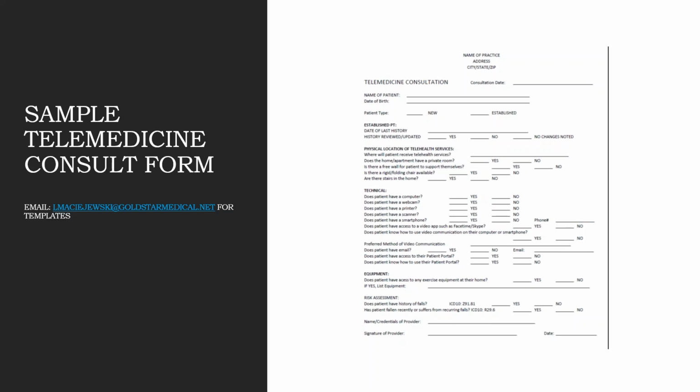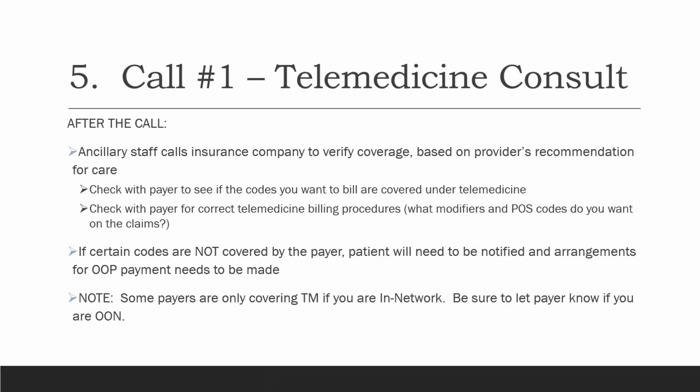That's listed at the end of the problem list. If the patient has fallen recently or suffers from recurring falls, then R29.6 is used. And so this is what you would want to add to your telemedicine protocol to make sure that you're covering all your bases for that first telemedicine visit that you actually do with the patient.